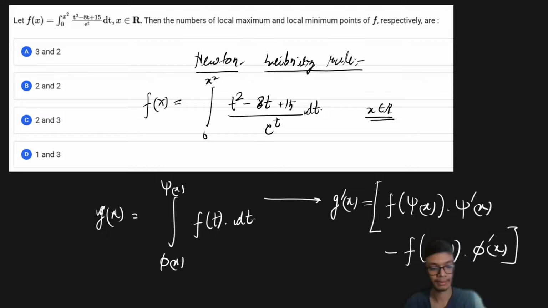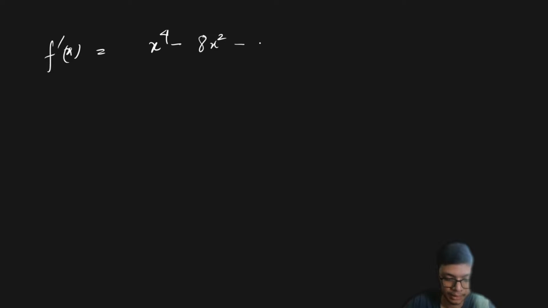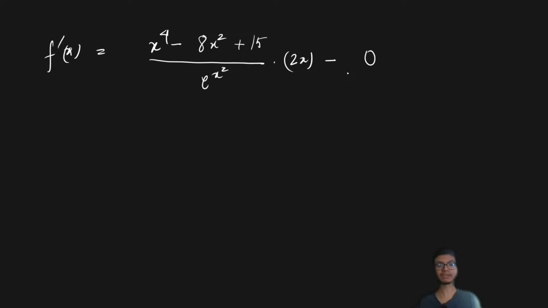So from here, if we first differentiate this, the first derivative of f of x is going to be equal to x to the power 4 minus 8x square plus 15, divided by e to the power x square, into 2 times x, minus 0, because the derivative at the lower limit 0 is going to be 0.